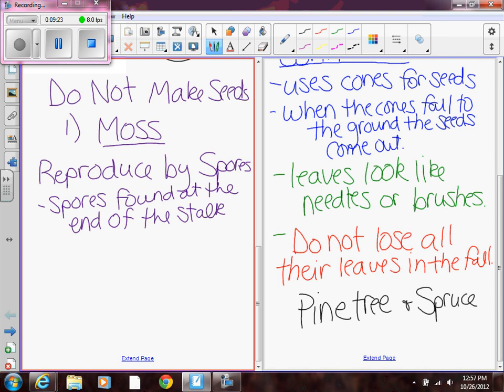An example is moss, because moss grows close to the ground. There are very little shoots, like small little stalks, and the moss grows on top of it all around.